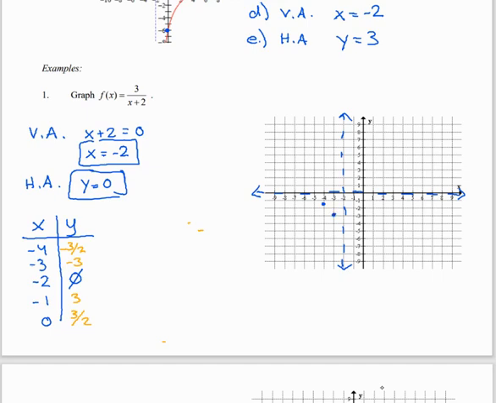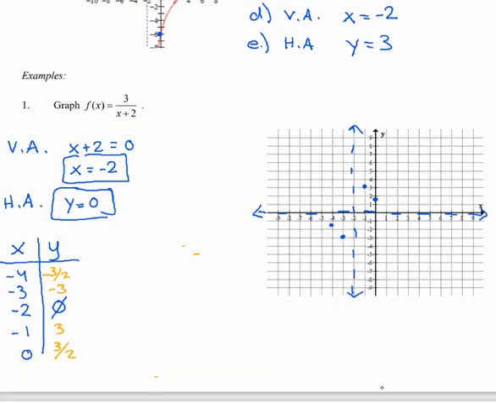We have negative 1, 3, and 0, 1.5. If you notice those points, I'm just going to make it a little bit bigger. Remember that we cannot pass through asymptotes and that rational functions are branches and curves. So you can do more points if you want, but please understand we're not just connecting a line through my dots. What happens on this bottom part is that we have a curve forming.